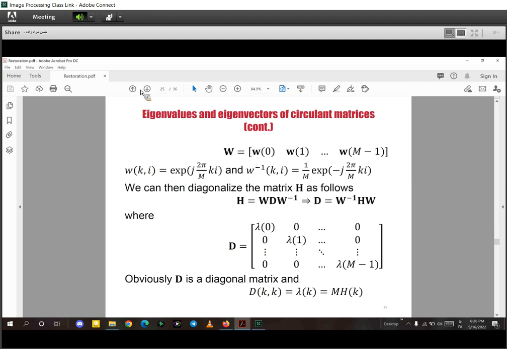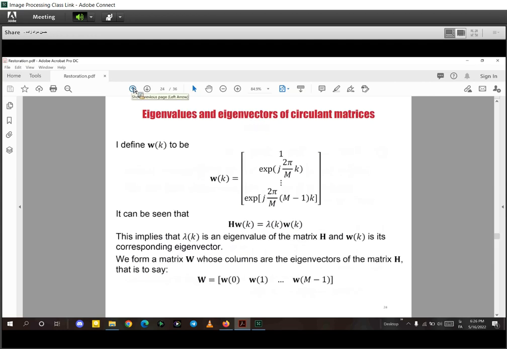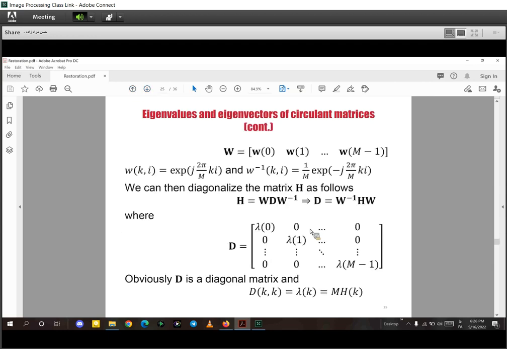H is W D W minus 1, so we can write the eigenvectors this way. But what is D?